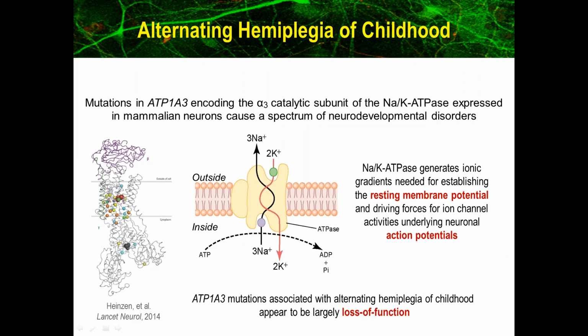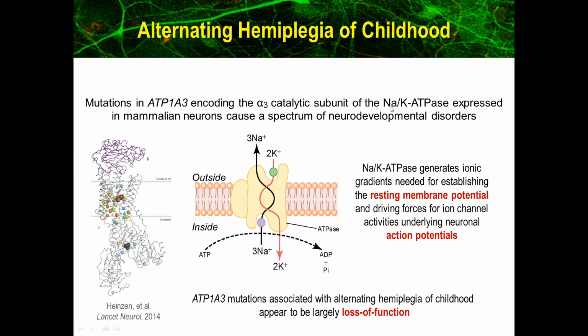Of course, we're talking about AHC and its related conditions, which are genetic diseases of the gene ATP1A3. And for those of you that have kept track of this field, you know that ATP1A3 is a gene that codes for a protein called the sodium potassium ATPase.